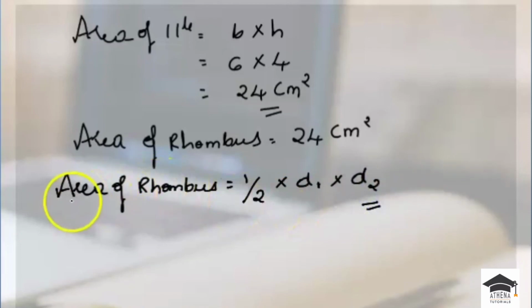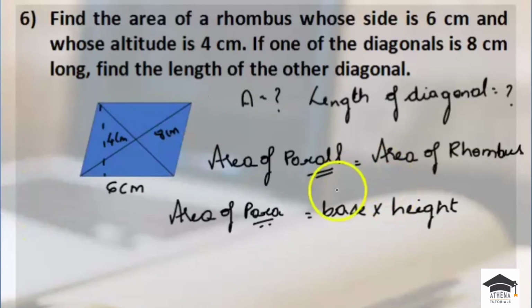Right. So, we got to know the area of the rhombus is 24 centimeter square, and we already knew the length of diagonal 1, that is 8 centimeter. If we substitute this value, we will get the value of the other diagonal. Let's do it.